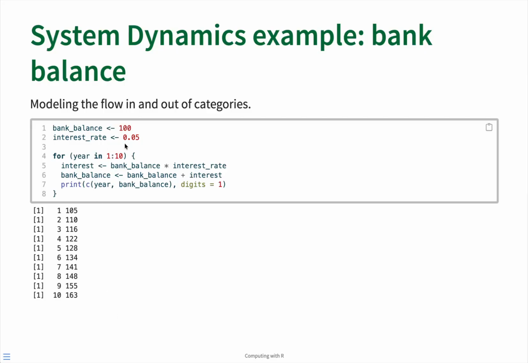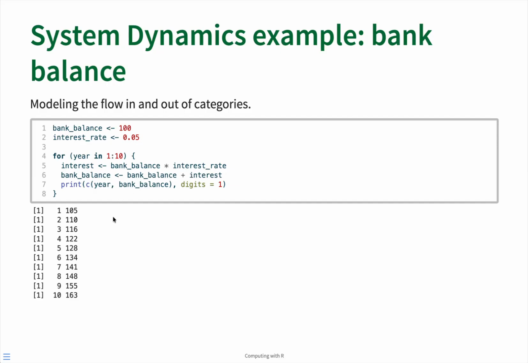So the starting conditions here, right, are that the bank balance is $100. The rules, right, are that the bank account increases each year by the amount of interest that's been paid. The time here is pretty explicit because we're iterating through 10 years. There's no randomness in this model.